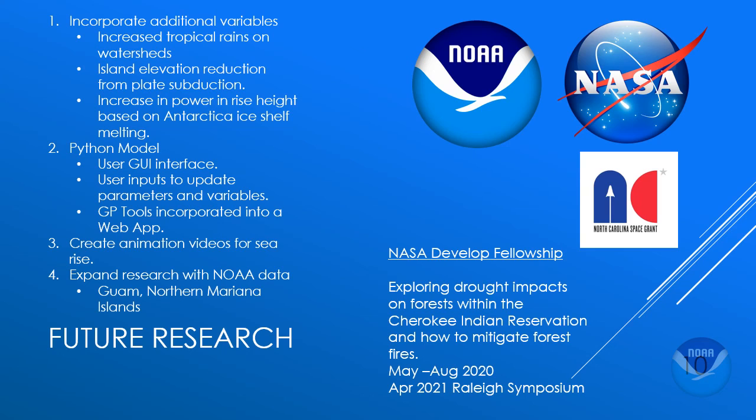It's a lot flatter, but NOAA doesn't have as much data on it. And then also take the tools from GIS 582 and apply them towards a NASA fellowship that I'll be doing this summer. We're looking at drought impact on forests in the Cherokee Indian Reservation, and we'll be doing a symposium in Raleigh in April of next year if you'd like to come.